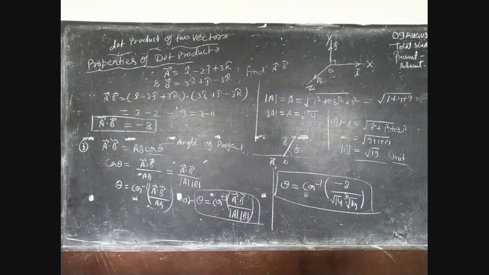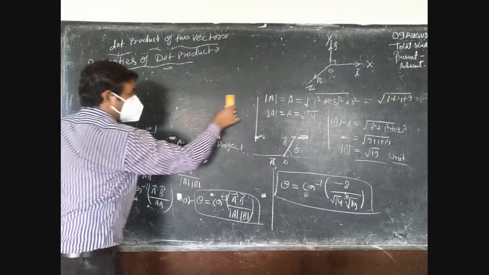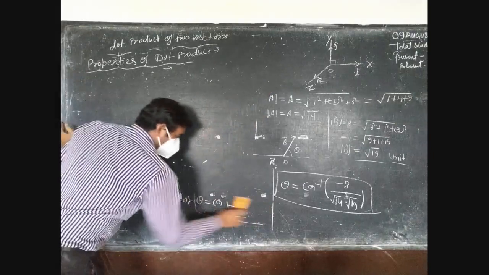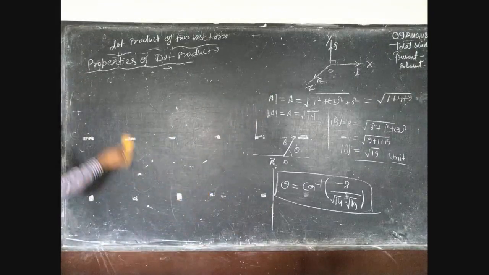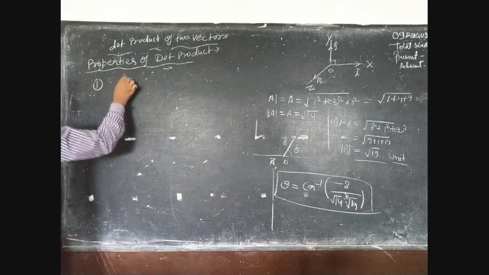Okay, one important property. Next we have some laws related to the dot product. Important laws. First law we have is the commutative law.